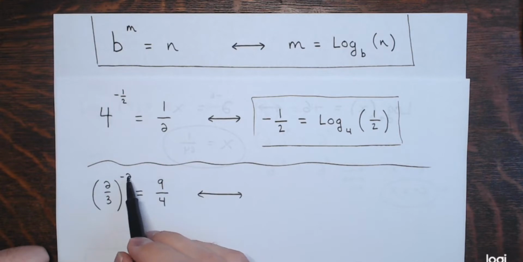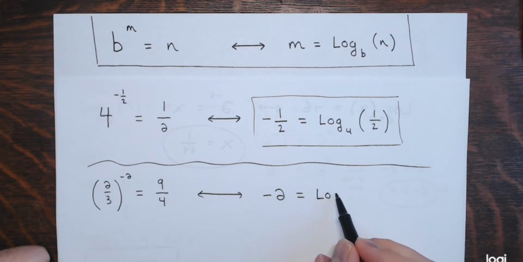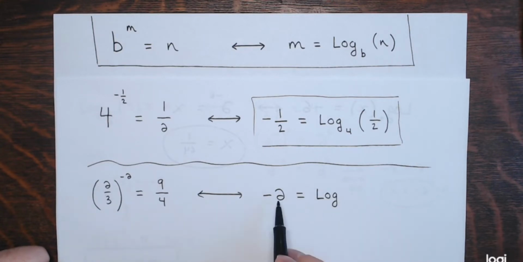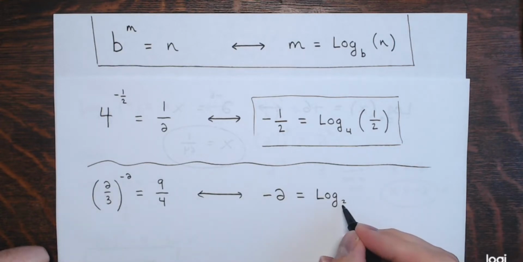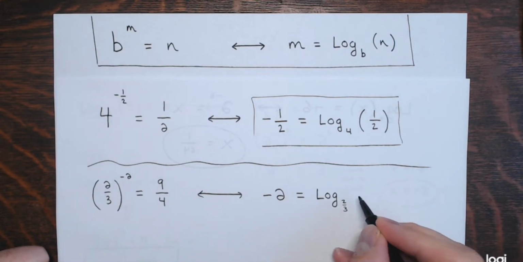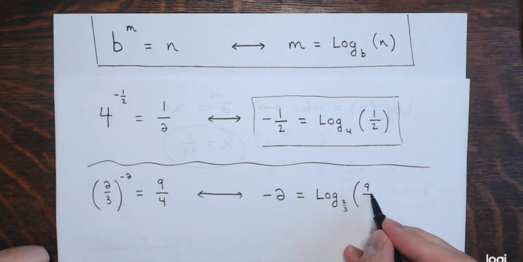The exponent here is -2. That'll get its own side, and this equals the logarithm. And what's the base on this exponent of -2? The base is 2/3, so the subscript here is log base 2/3 of, and then 9/4 is the input, the argument of the log.